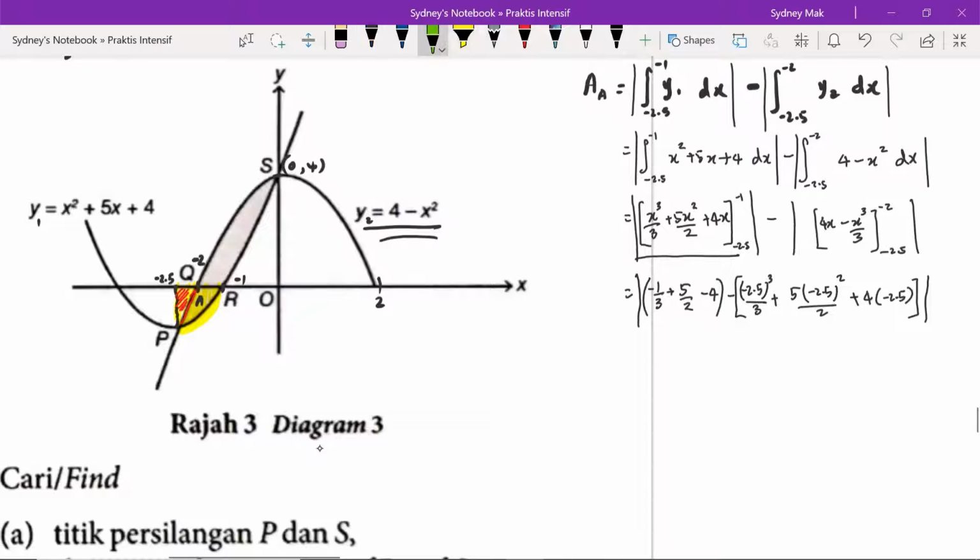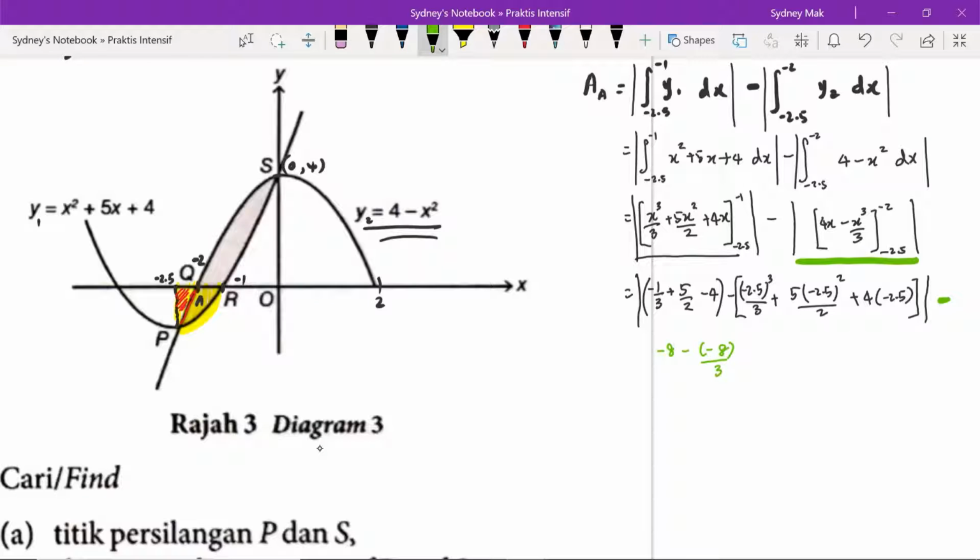What about the second part? Let's use different color. So don't forget, after we got this, we have to minus the value of the second term, where we substitute the -2 in first. So we have 4 times -2, so we got -8, minus -2 to the power of 3, we have -8 also, -8 over 3.